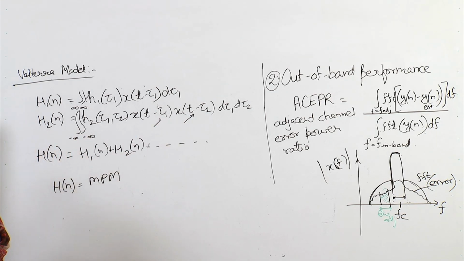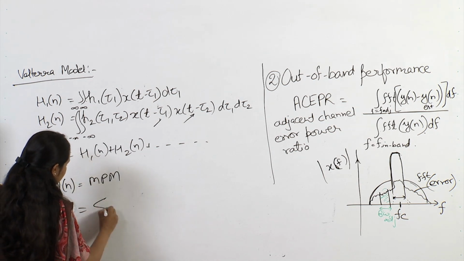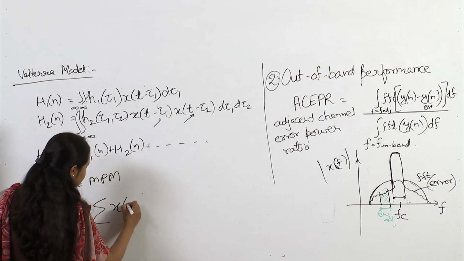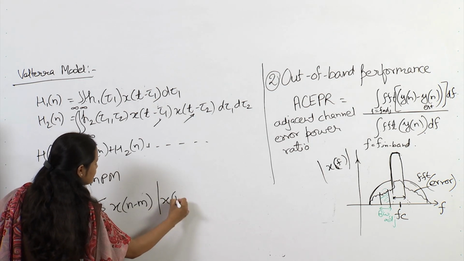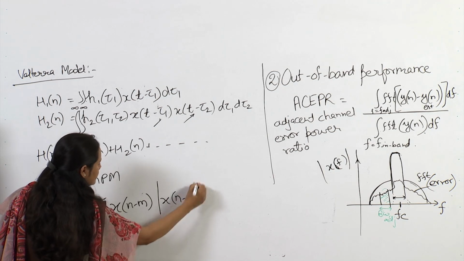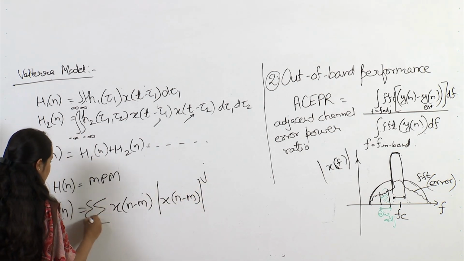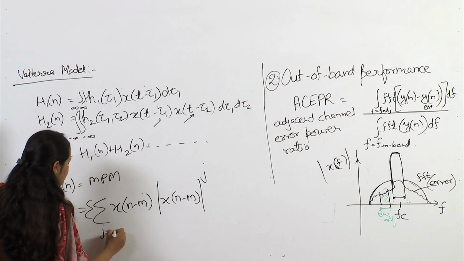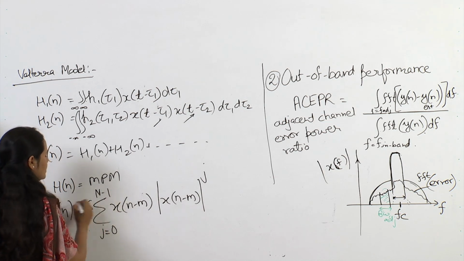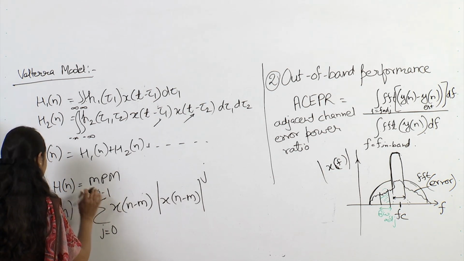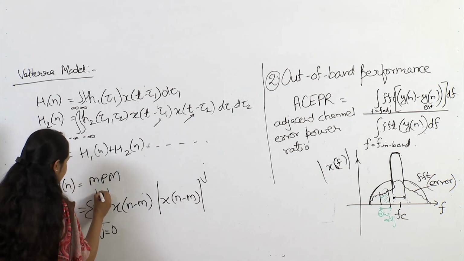So, how it works basically, that y(n) becomes a function of x(n) and absolute value of x, so j is from 0 to k minus 1, because n we are using for the number of samples.